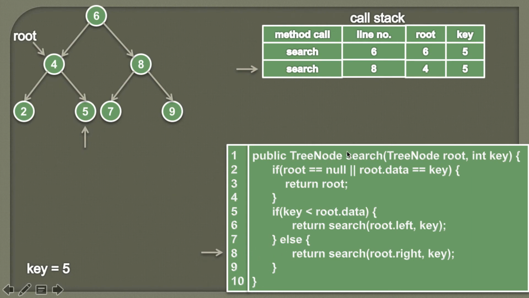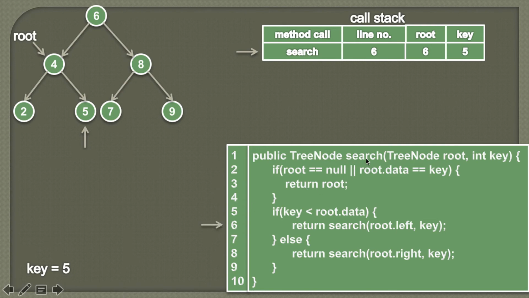So therefore this search method will be executed completely and it will be removed from the call stack, and the execution point will reach this search method. And we know that we left this search method at line number 6. So we'll start our execution from line number 6.